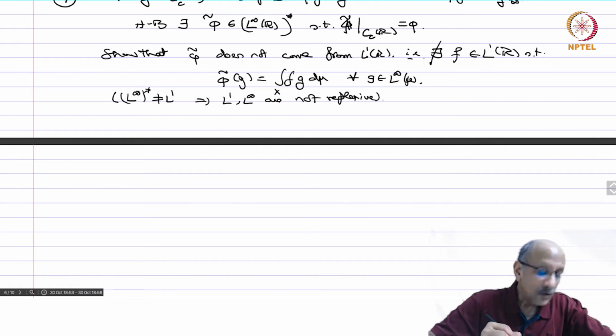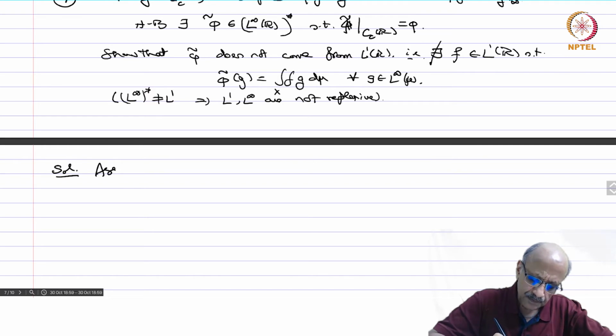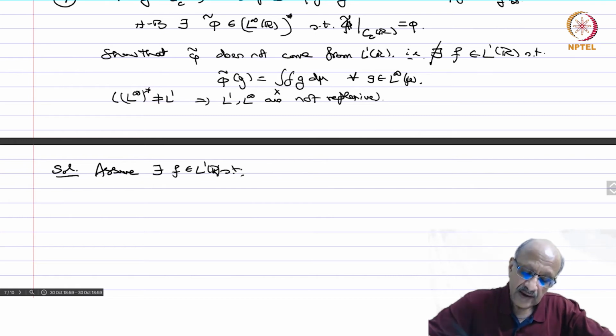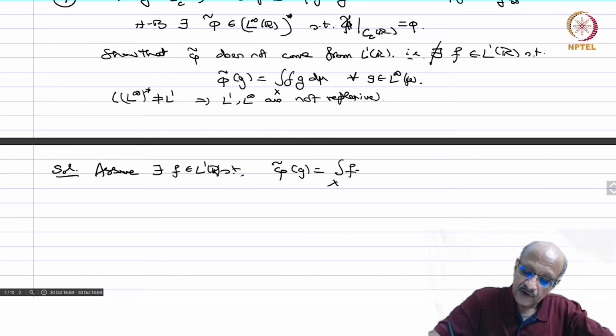Okay, so solution. Assume there exists f in L1 such that phi tilde of g equals the integral over x of f g d mu.